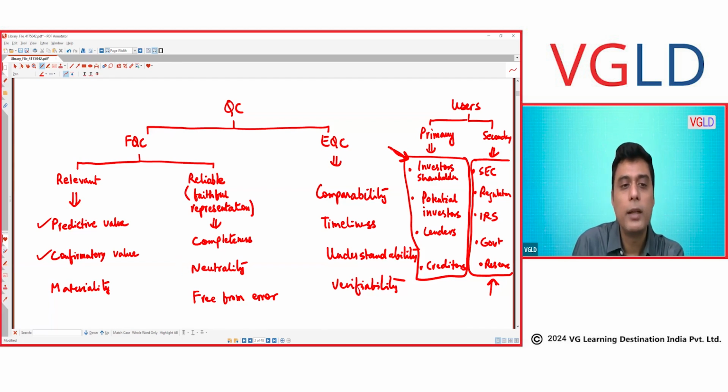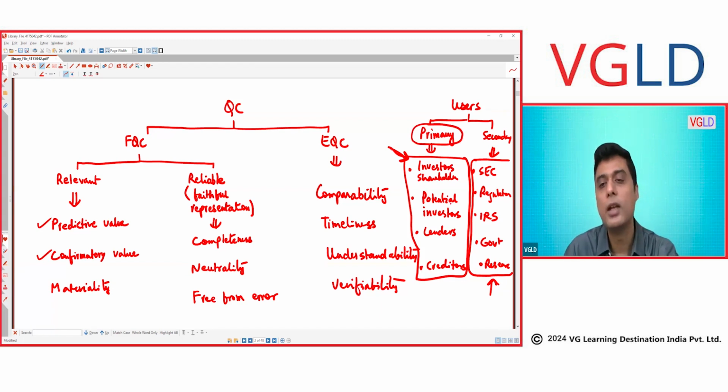The point is that any information that can influence the decisions of the users, and when I say users here, I'm talking about the primary users, because it is their decision. Should I give money to this company? Should I lend money to this company? Should I invest in the shares of this company? Should I give raw materials on credit to them?